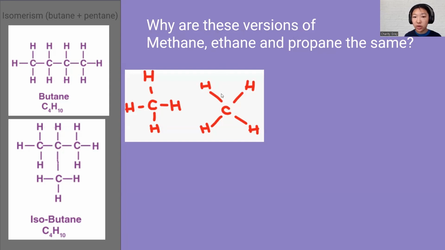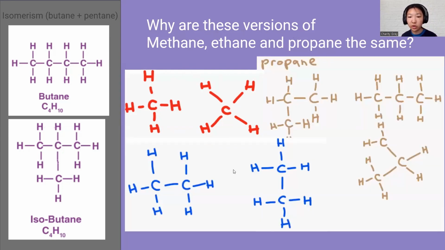The reason these two are the same, even though they don't look the same, is that this one has the hydrogens placed diagonally and this one has them placed horizontally and vertically. But you can turn the molecule. If you turn this molecule and move it over on the piece of paper, you can easily turn it into this molecule. And the same goes for these molecules.